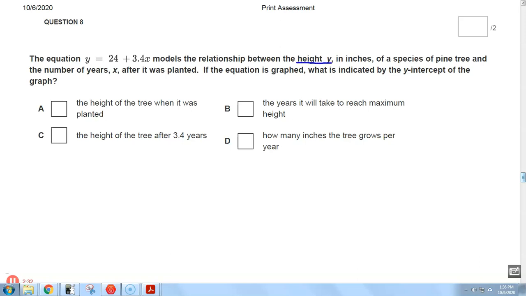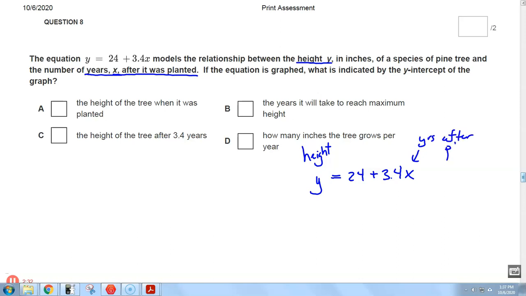So in our equation, we have y equals 24 plus 3.4x, and the y represents the height of the tree, and the number of years x after it was planted. So this is the years after it was put in the ground.